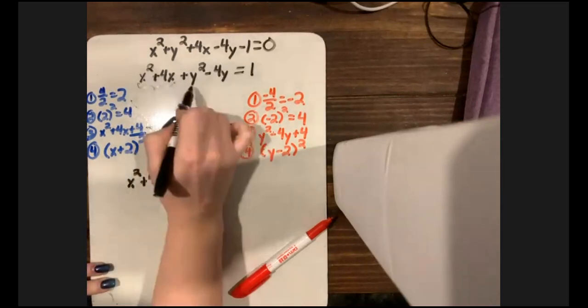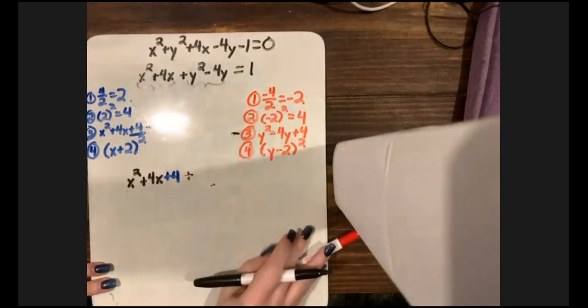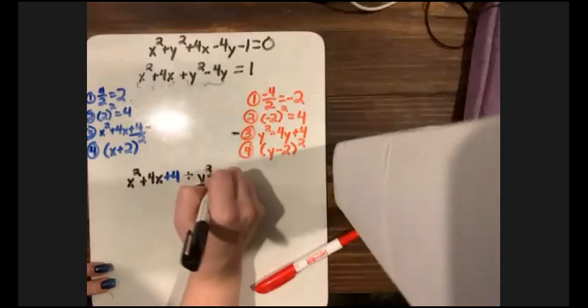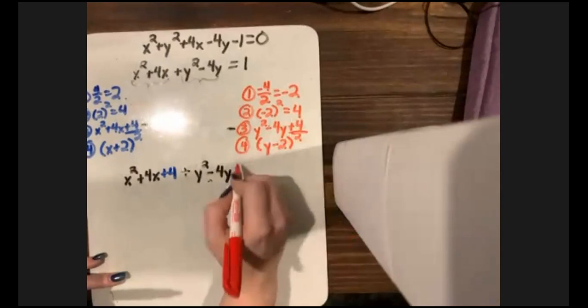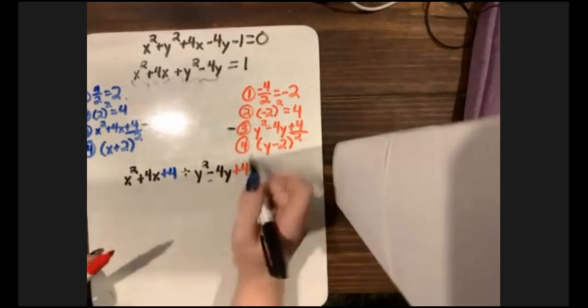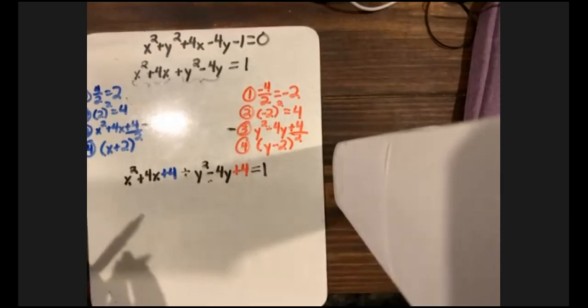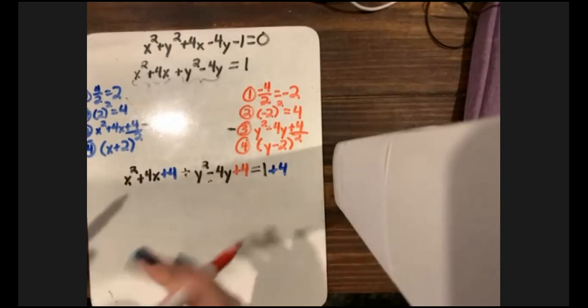I need this to look like line 3. So I've got y squared minus 4y, but I need that plus 4. Now, you cannot just go adding to one side and not add to the other.